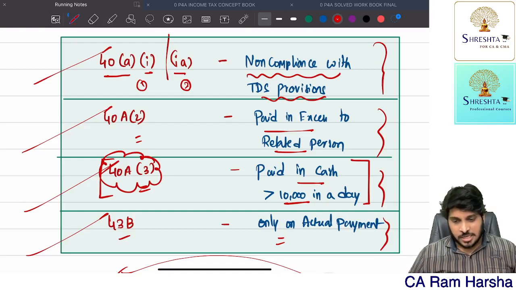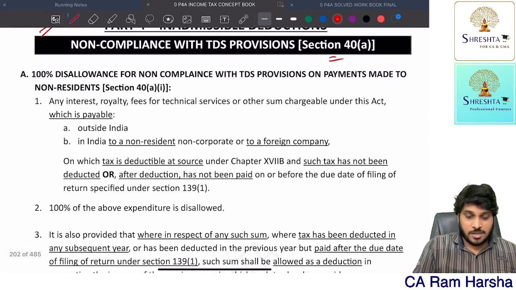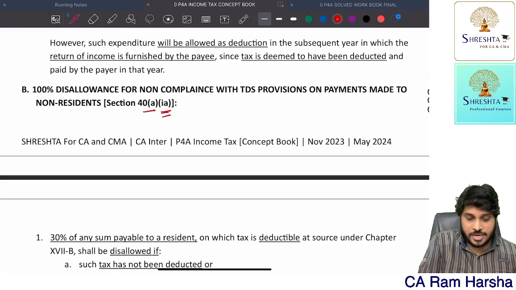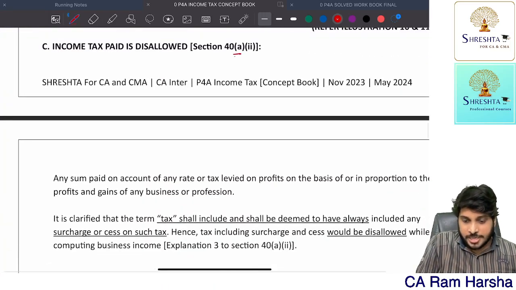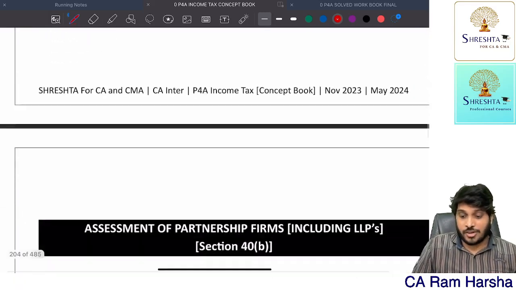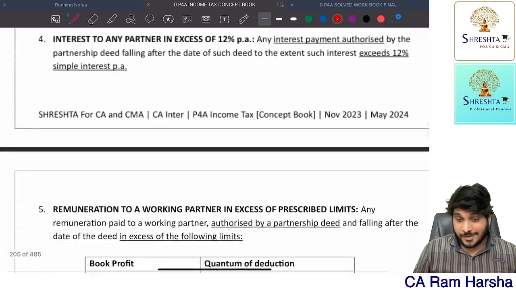So you see here, what are the disallowances we have? Section 40A subsection 1, 100% disallowance. 40A subsection 1, clause 1A. Actually here there is a printing mistake, it is 30% disallowance. Then we have 40A subsection 2, clause 2B, clause 3, clause 4, clause 5, 40 subsection B. We have so many to discuss.